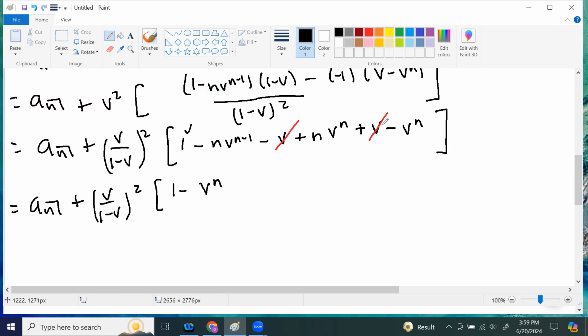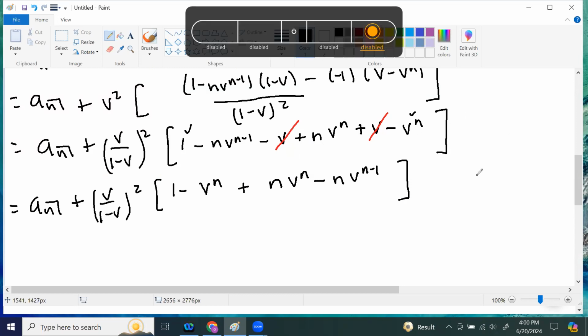So I've accounted for that. And then I have this part right here. I'm going to add, I have this n v^n minus n v^(n-1). Okay, so far so good, I guess.